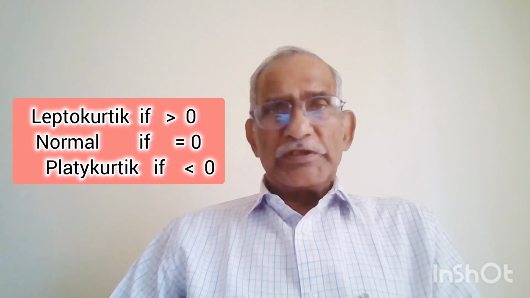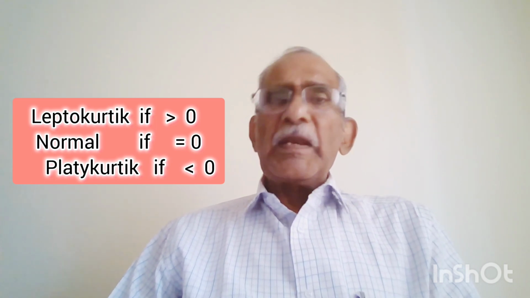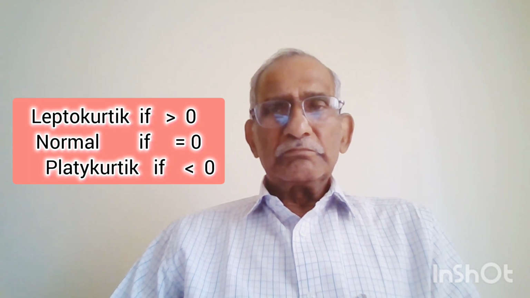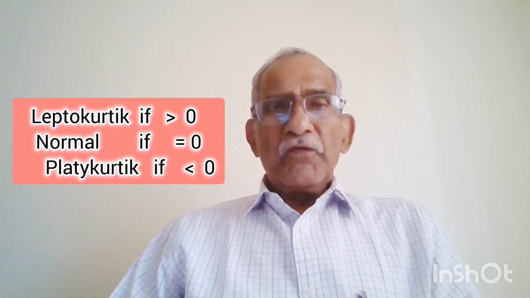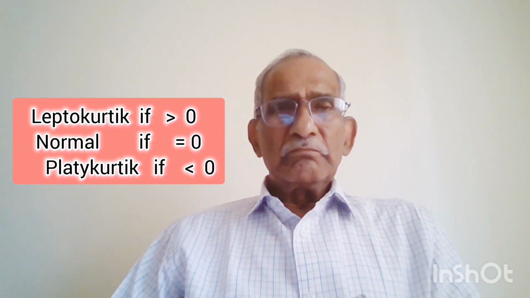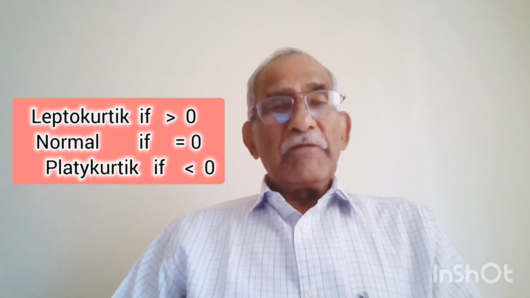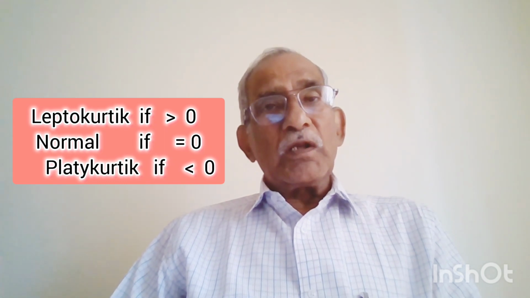We put kurtosis in three categories: leptokurtic, mesokurtic, which is also known as normal, and platykurtic. For mesokurtic curves, that is for normal curves, the value of beta 2 is always 3.